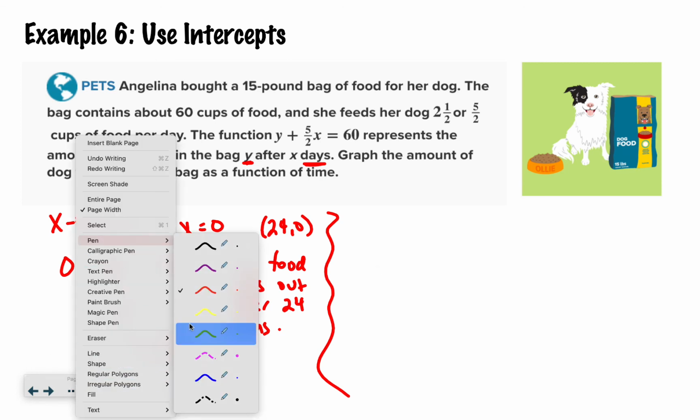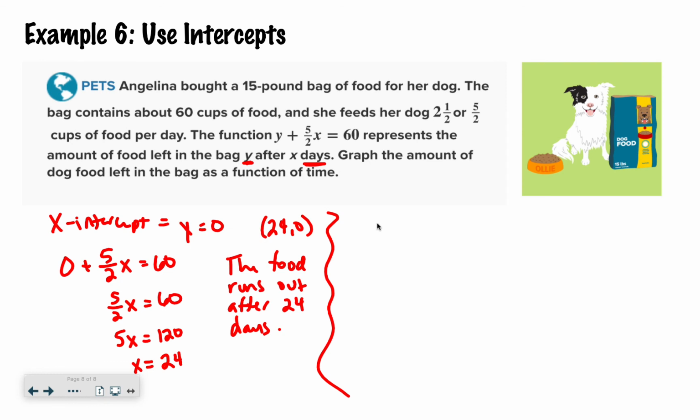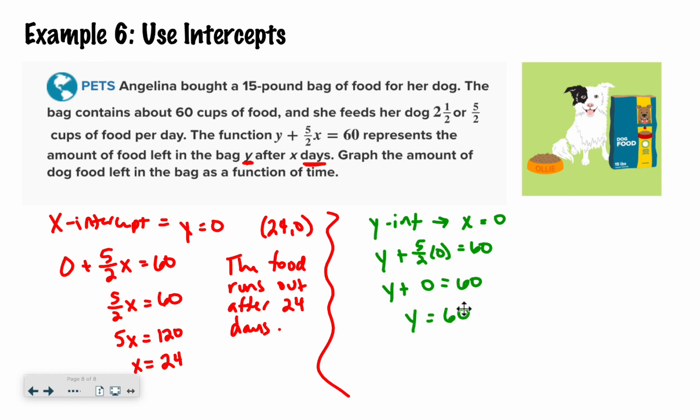Now let's try solving for the y-intercept. So remember, for the y-intercept, our x equals 0. So now I have y + (5/2)(0) = 60. Anything times 0 is just 0, and anything plus 0 is just itself. So I would get y = 60.